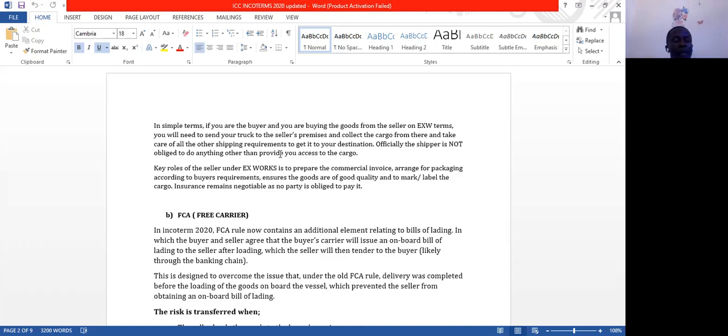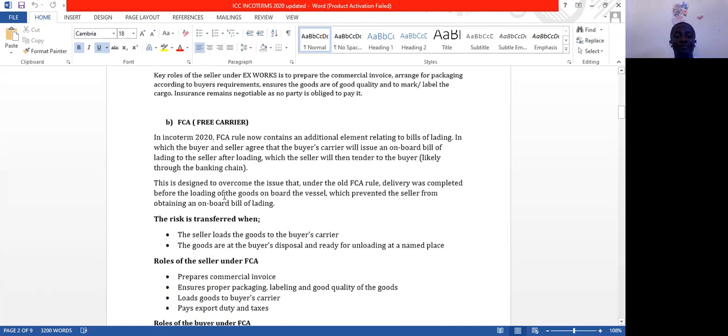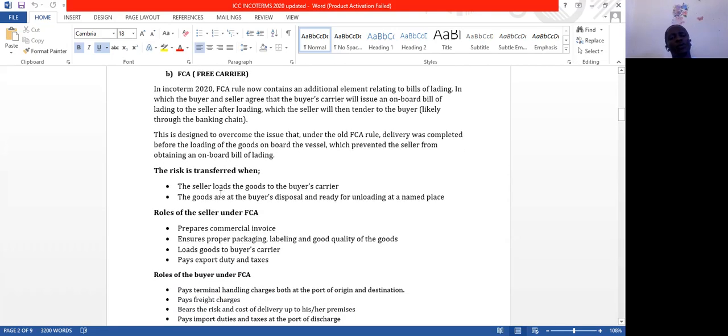All right. Now, the second one, FCA, free carrier. In Incoterms 2020, the free carrier rule now contains an additional element relating to the bill of lading. It was not the case in the 2010.